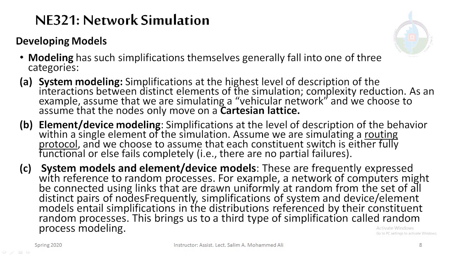Because as we said before, if you make your input random, you will achieve fairness of your system models. So instead of trying every type of input, for example, every device, your randomness will guarantee that your system will work under any measure. This is what we mean by the third category of modeling simplification.